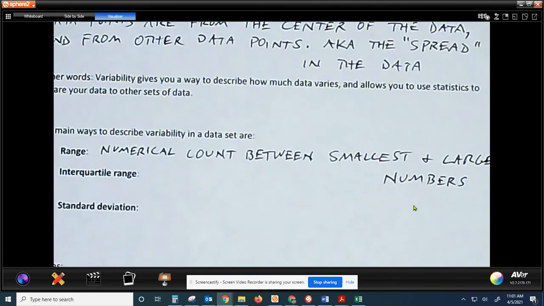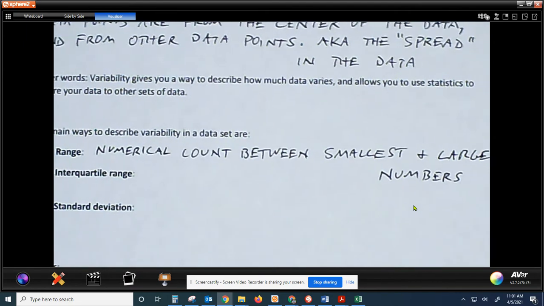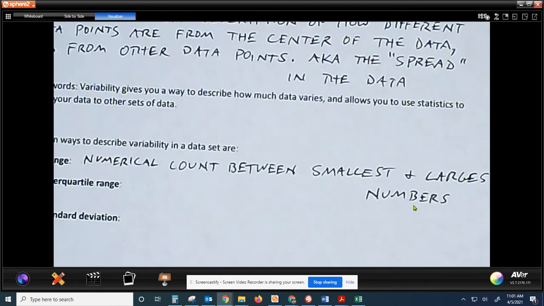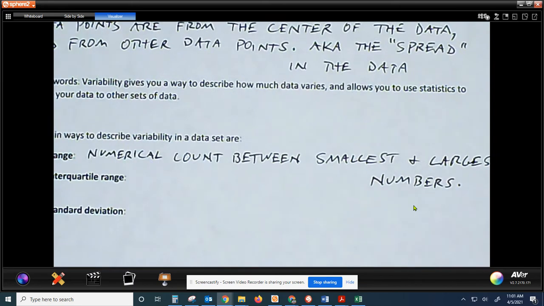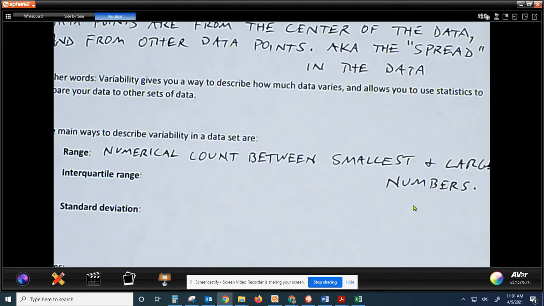So the range is the numerical count between the smallest and the largest numbers. So if I would look on the warm-up problem, the range of my data go from 26 to 29. And that describes a version of how far they are spread apart. It is the spread.